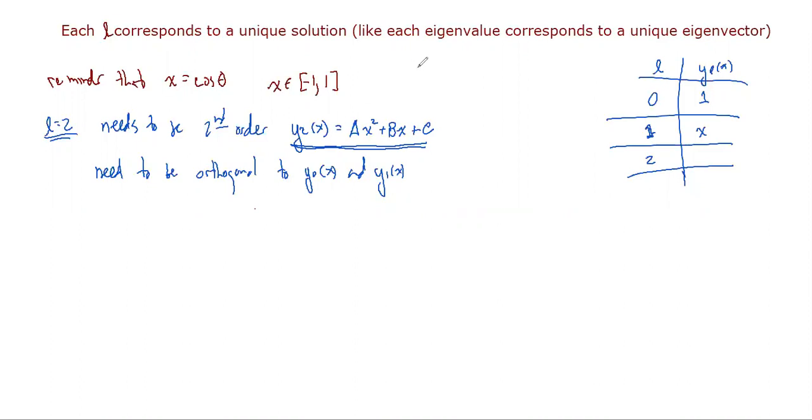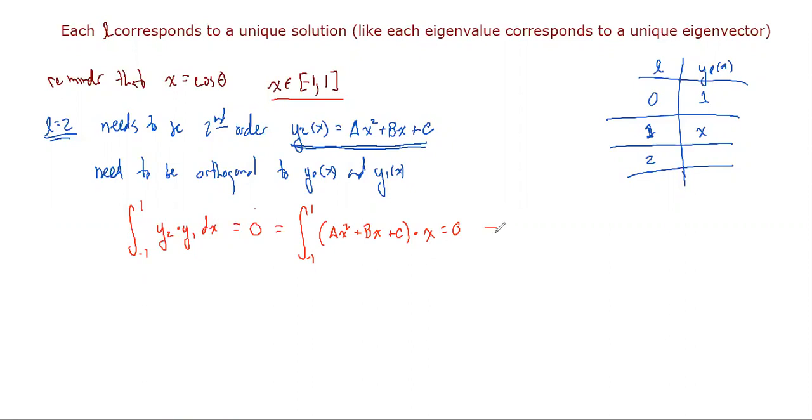Okay, so the way that we would do that is we overlap y2, our trial function, with y1 dx over the specified interval. And this better be equal to 0. So that's ax squared plus bx plus c times x equals 0. All the odd terms go away. We're just left with even terms.